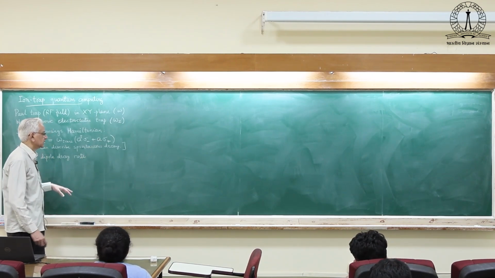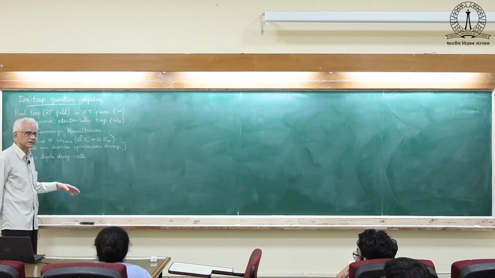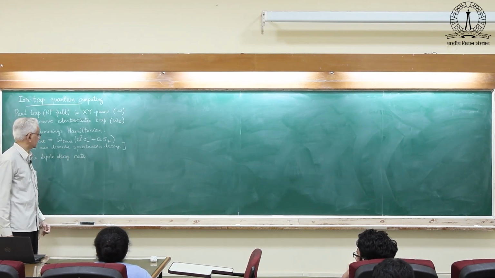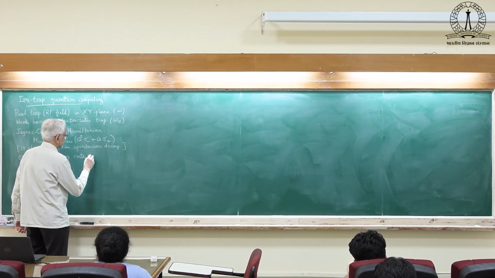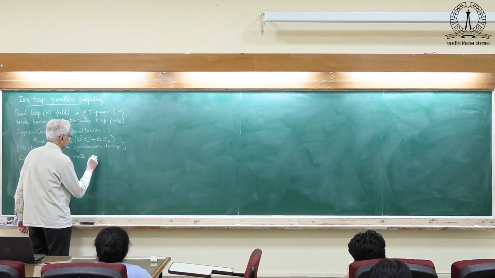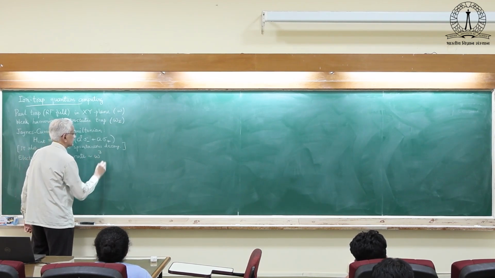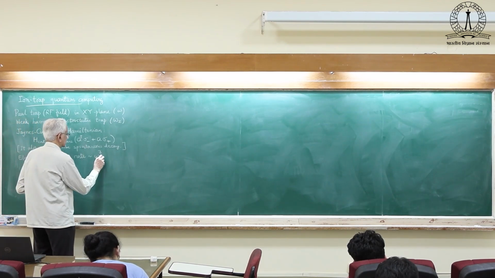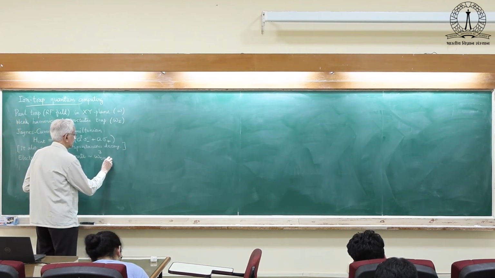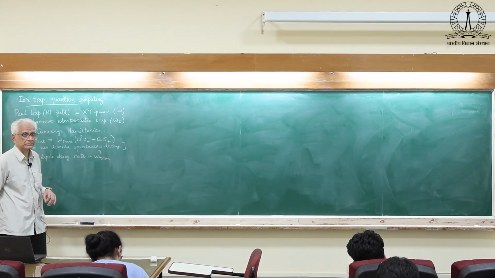So the dominant decay rate for most processes is actually the electromagnetic dipole decay rate, and there are some matrix elements which come in, but the important thing is to remember the frequency dependence. And it goes like whatever the transition frequency is to the third power.